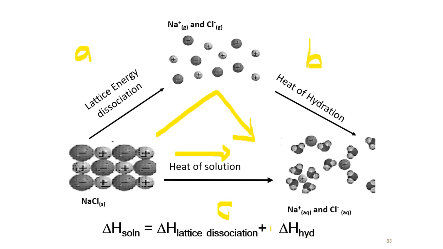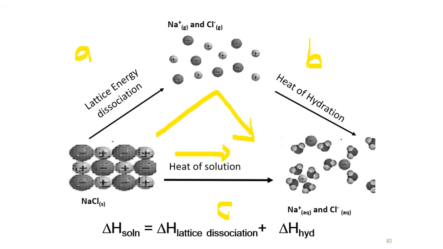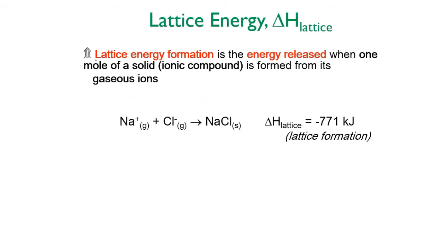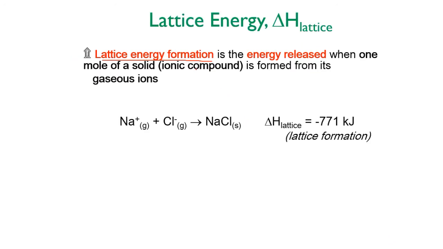But if we look at the definitions, the first definition we learn is lattice energy of formation. Just now this one was dissociation. I prefer formation because in the next topic we focus on lattice energy of formation.